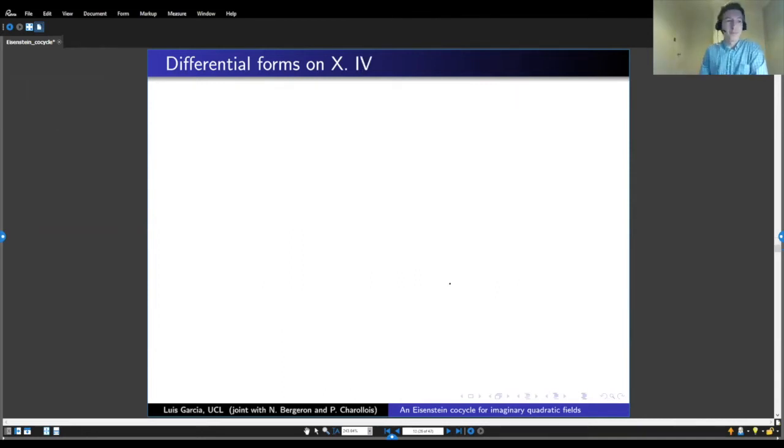And finally, there is one more property. You take the torus of diagonal matrices inside SLNC, and you obtain a submanifold of the symmetric space.